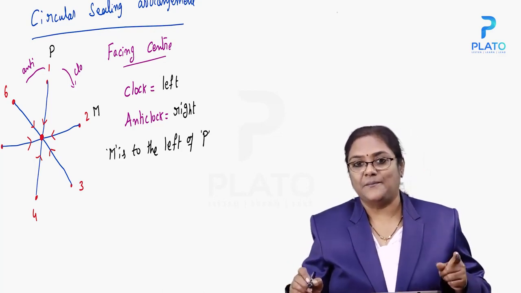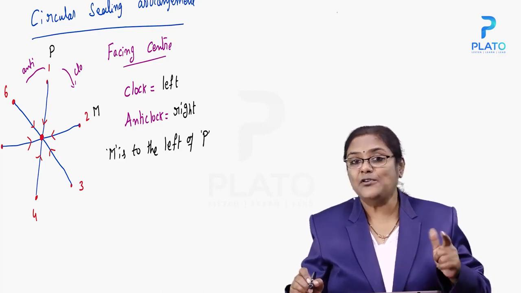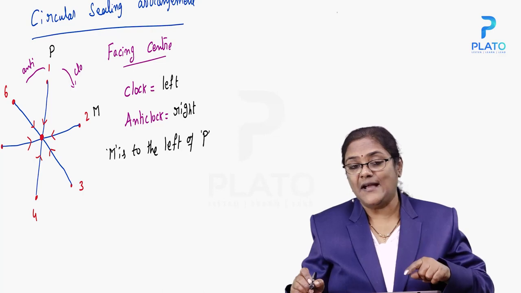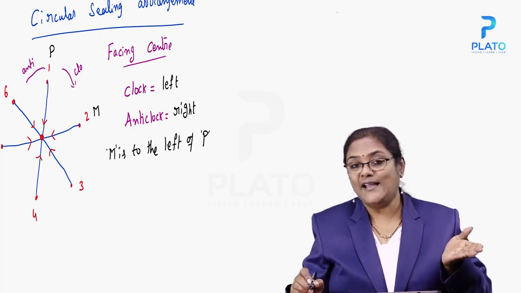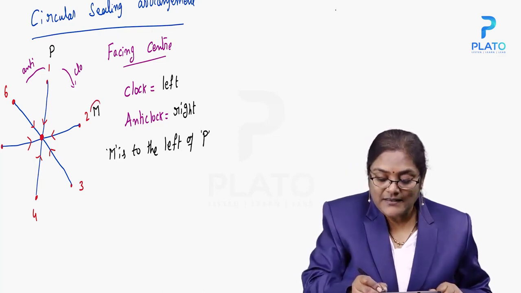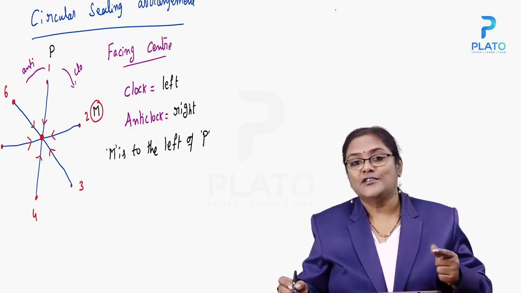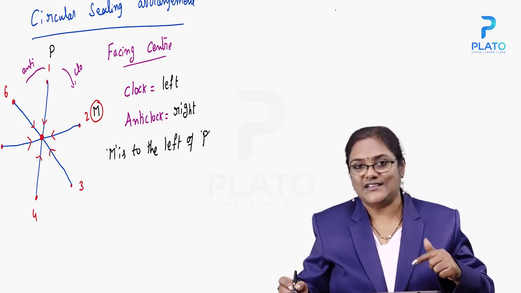From P to M we got it. From M to P, if you see, from M, P is in the anti-clockwise direction. From M, please look at the picture. This is M. Now check from M to P. From M, P is in the anti-clockwise direction.